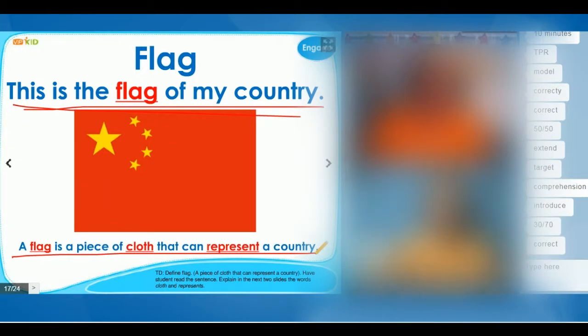A flag is a piece of cloth that can represent a country. Good. Thank you.